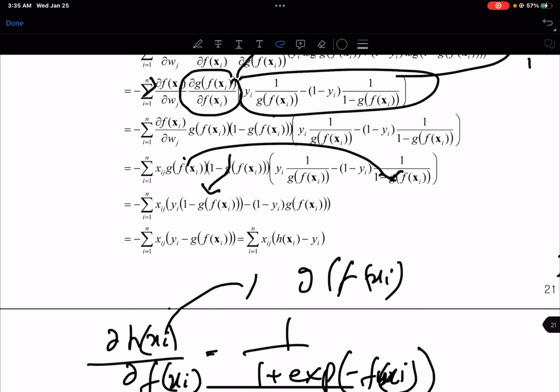So now our function can be solved. yi minus g of f of x, minus 1 plus, 1 plus yi g of f of xi.